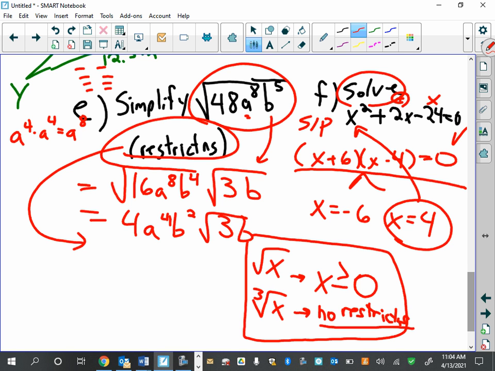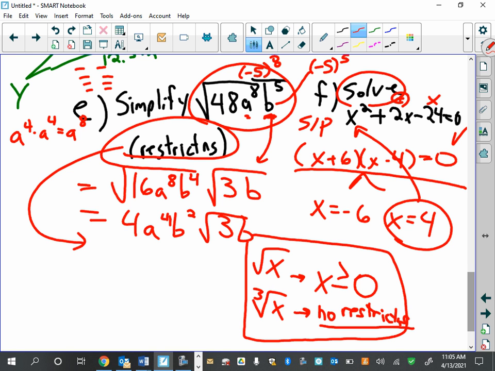A can be positive or negative, because if a is negative, let's say it's negative 5, when you raise it to the 8th exponent, it's going to become positive. And that's fine, because it's under the square root sign. However, if you put b to the 5th and make it negative, that's going to give you a negative number, which cannot be under a radical sign unless you're in the imaginary world, imaginary numbers.